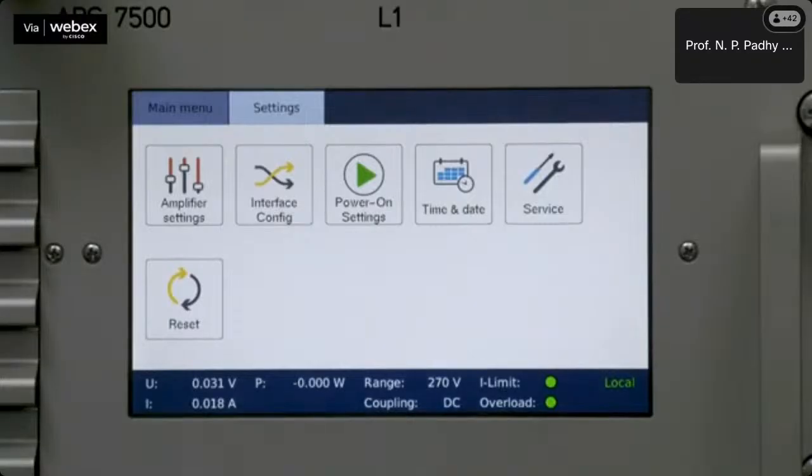The rating of the power amplifier is 22 kilovolt ampere and it is able to emulate AC bus voltage in the range of 0 to 300 volt RMS and DC bus voltage in the range of 0 to 800 volts.